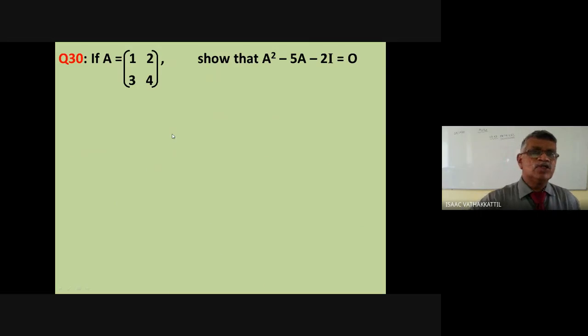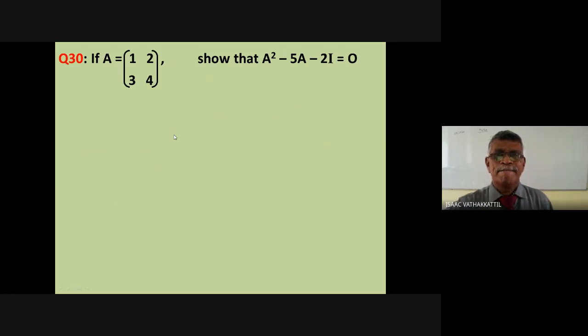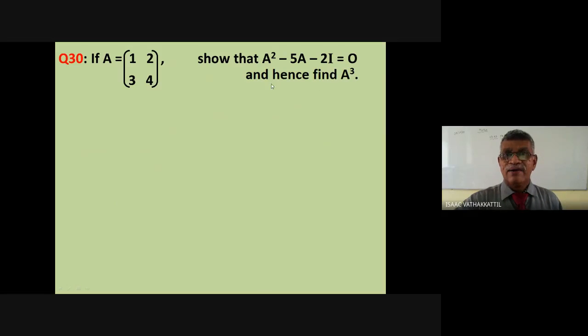If A is equal to 1, 2, 3, 4, show that A squared minus 5A minus 2I equal to matrix O, zero matrix, and hence find A cube. Remember, if it's simply to find A cube, multiply A into A, you get A squared. A squared, you multiply with A, you get A cube.